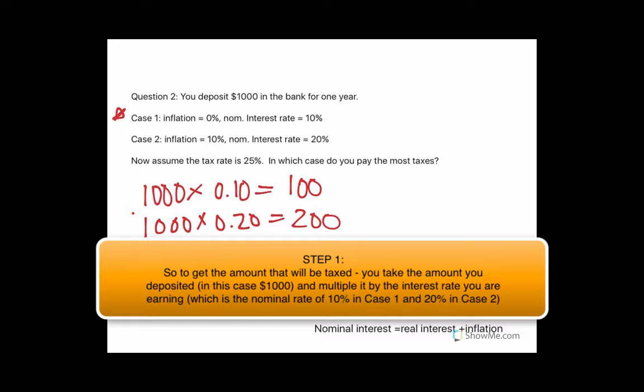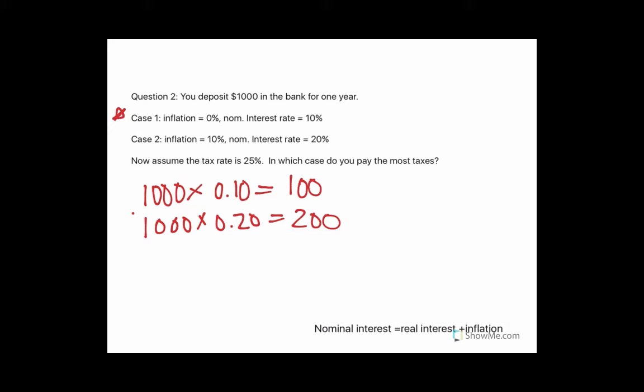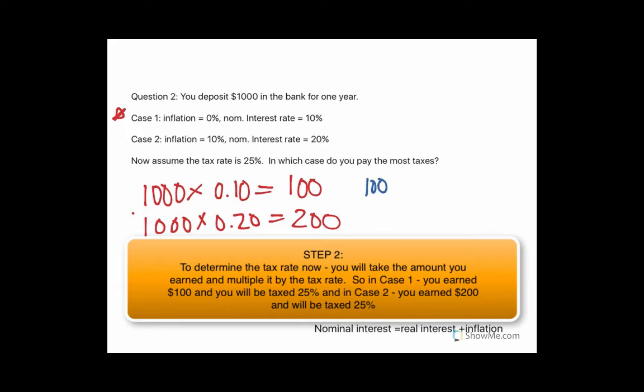Now that we know what their actual nominal return is, we have to figure out how much they take in taxes. So you take the 100 in the first case, and you multiply it by 25%, and you get 25. So in the first case, you pay $25 in taxes.